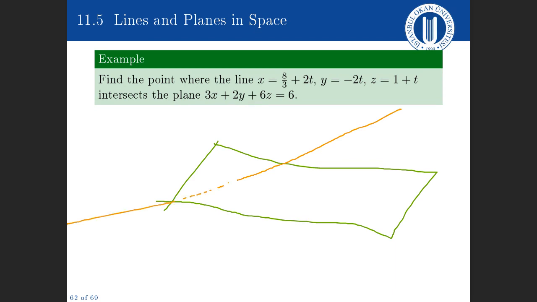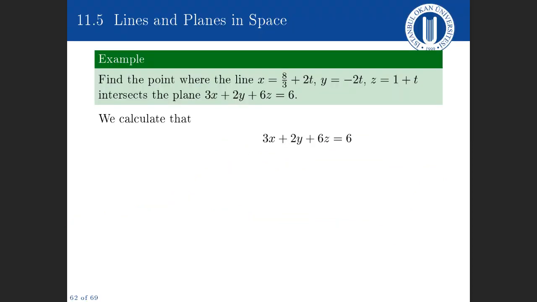And we're asked to find the point where the line intersects the plane. This is straightforward. This is just playing with the equations.